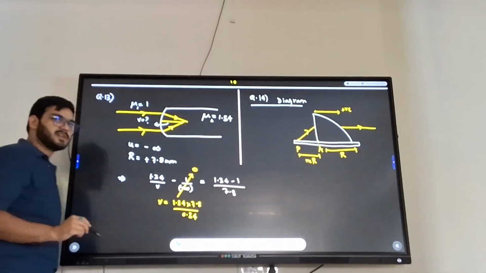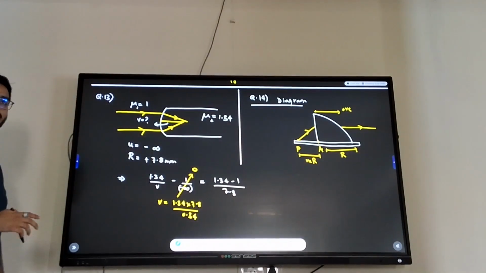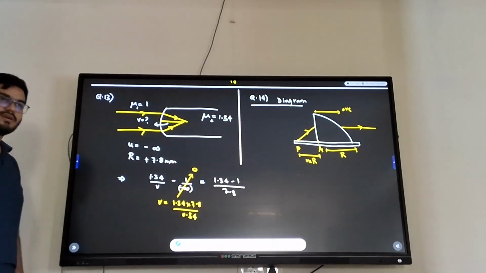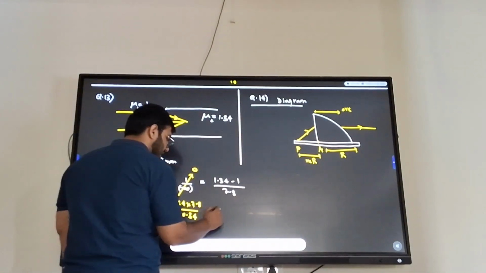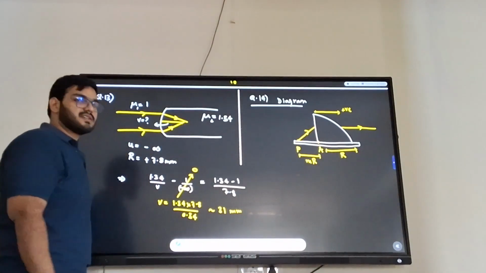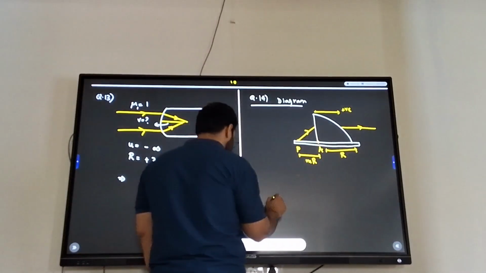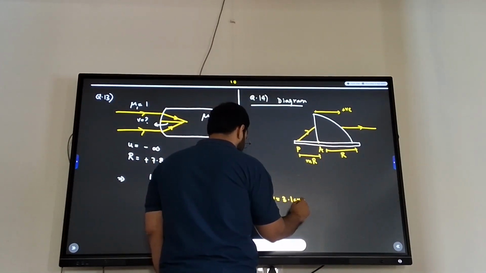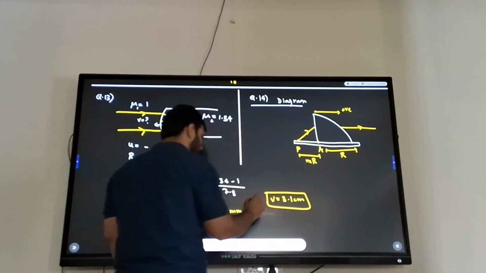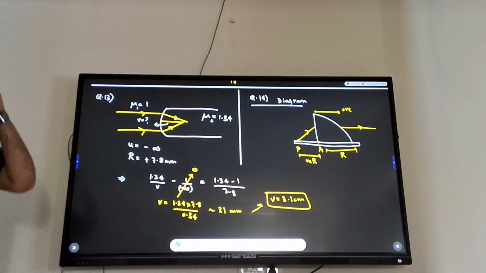Can you do this decimal calculation? Or do you want me to do it? It's all good, you can do it. Then you will get something like 31 millimeter. But I think the answer is in terms of centimeter, so you will get 3.1 centimeter. Approximately. It's not exactly, but approximately. Such a simple question. Question number 13.